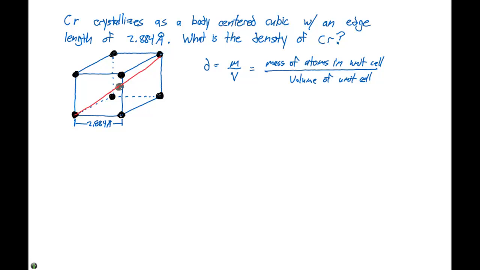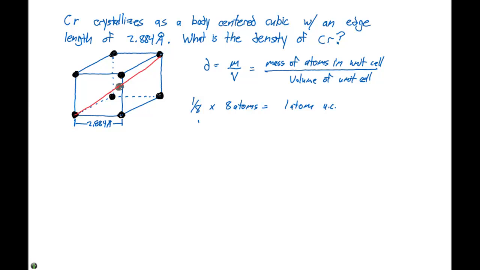we have this crystallizing in a body-centered unit cell, so we need to figure out the mass of the atoms in the unit cell, which means that we need to figure out how many atoms there are in a particular unit cell. In this unit cell, we know that there's 1/8 times 8 atoms, which is 1 atom in the unit cell, based on the atoms on the corners.